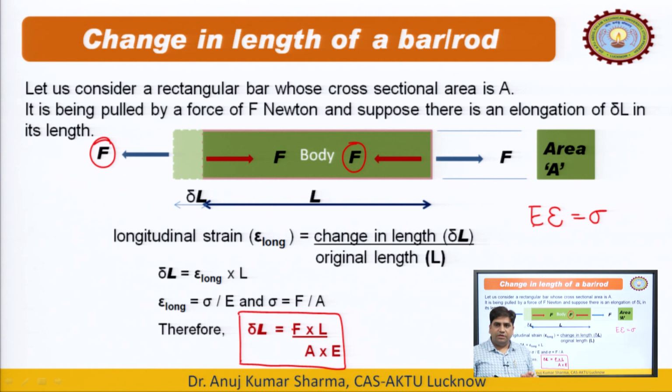If a rod has a larger length compared to another, the elongation would be more in the longer section. Similarly, it is inversely proportional to the area and elasticity. If an object has higher elasticity, then delta L would be lesser.